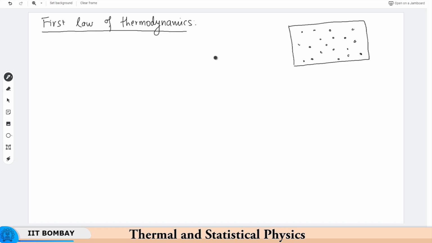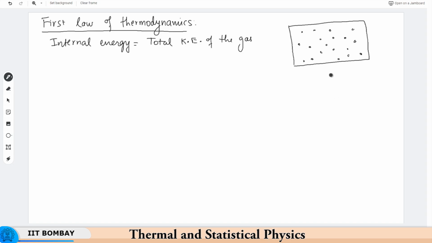There is a term known as internal energy, which is basically the total kinetic energy of the gas. Every molecule has certain kinetic energy; you sum that up over all the gas molecules, and whatever total energy you get is known as the internal energy.